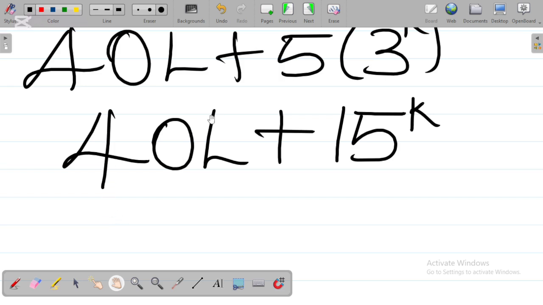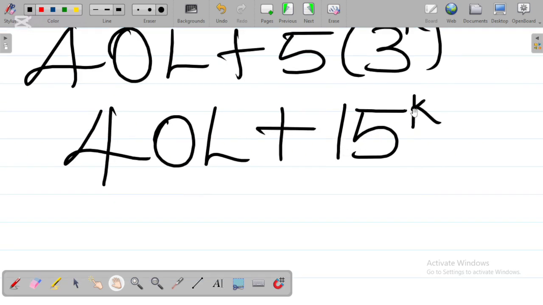So 40L can be divided by 5, and it would give you a whole number without remainder. 15 raised to the power k can also be divided by 5, and it would give you a whole number without a remainder. So therefore, the equation given is divisible by 5.